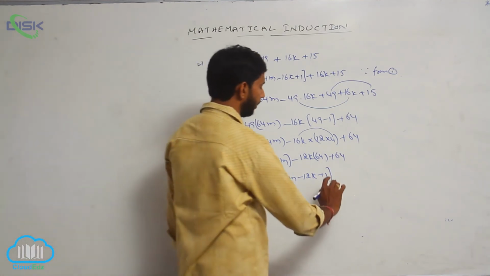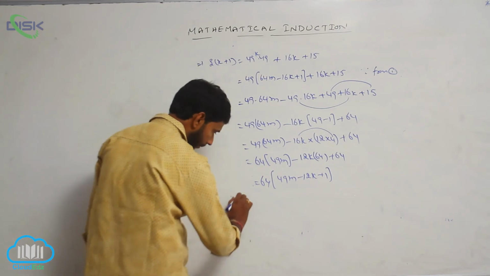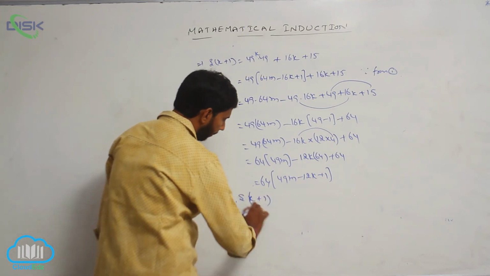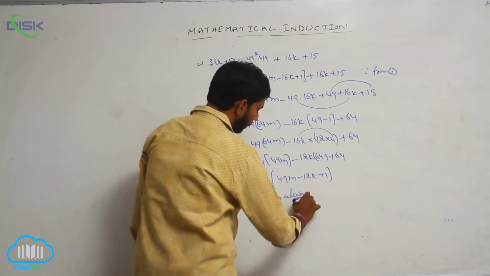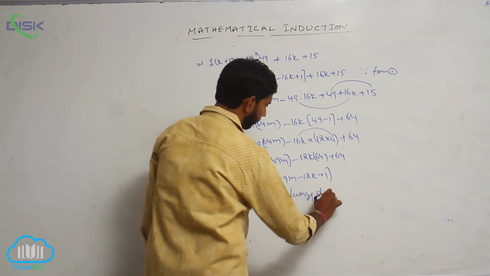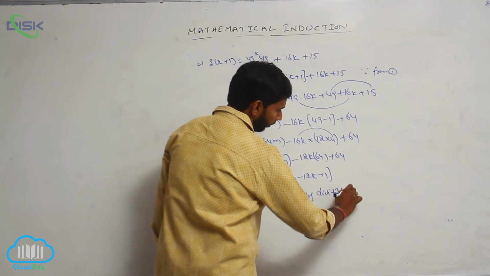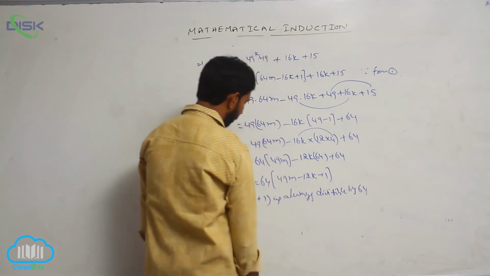It is always divisible by 64. Therefore, S(k+1) is always divisible by 64.